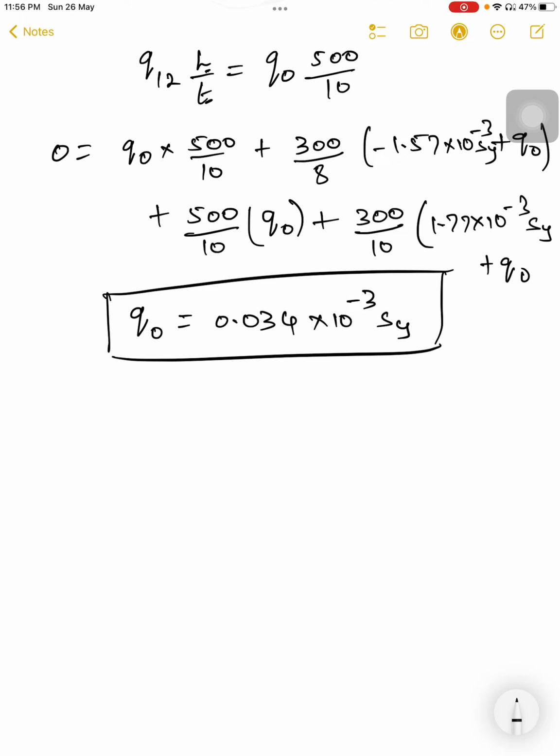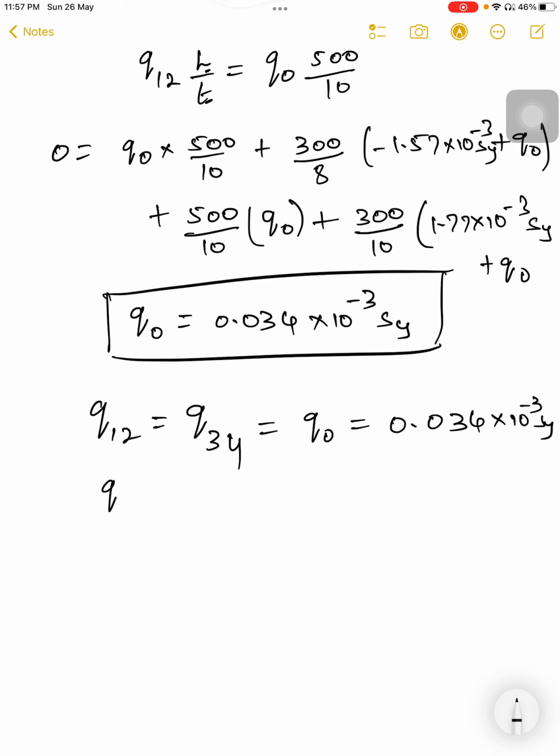Now we are going to add it in the equation which we have found. So Q12 equal to Q34 equal to Q naught, which we have already determined, equal to 0.034 into 10 power minus 3 SY.